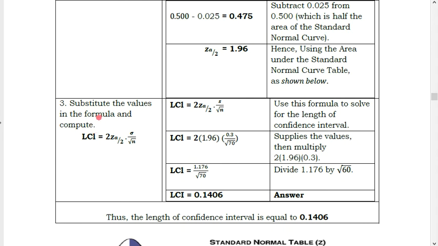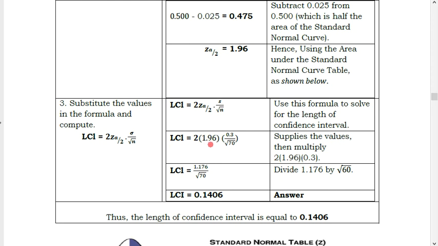Okay? Next step is to substitute the values in the formula and then compute. Okay. So, ito yung formula. So, we have 2 multiplied by z sub a over 2 times the standard deviation over the square root of n. Okay, substitute lang natin: 2, and then z sub a over 2, we have 1.96. Standard deviation, which is 0.3. And n is 70, so square root of 70. Okay, solve lang the formula.